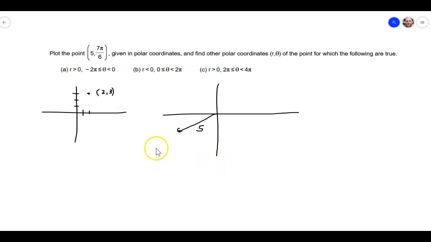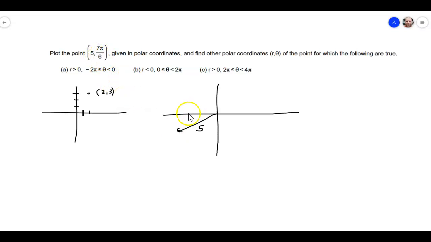Now, how can this be described in other ways? Well, if we were to add 2 pi to this angle, it would bring a complete circle, and if we still went 5 units in that direction, we'd be at the exact same point.